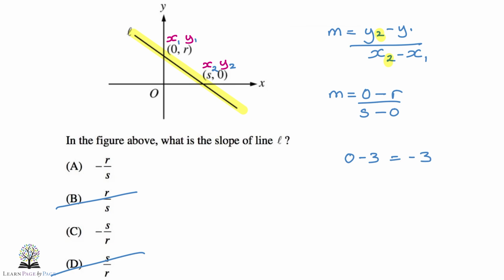So we're going to get negative R with 0 minus R. And we want a negative R because we're going downhill. Then x2 minus x1, that's S minus 0, and anything minus 0 is itself. That gives us an overall fraction of negative R over S, and so that's option A.